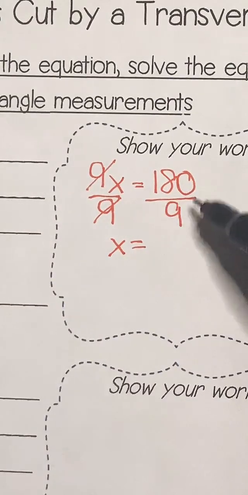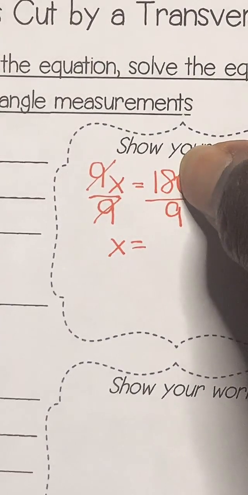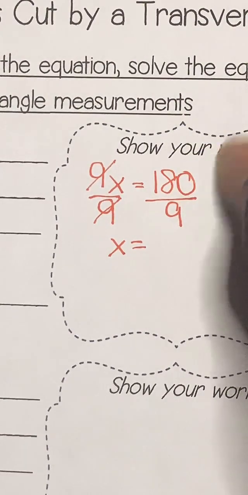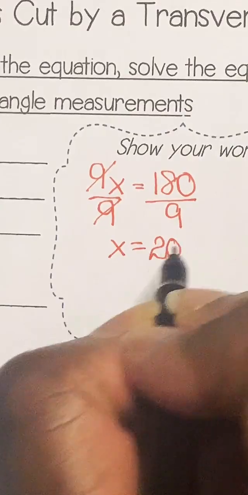Now 180 divided by 9. Some people will like it better if it was 18 divided by 9, which gives me 2, and then add on your 0, which gives me 20.